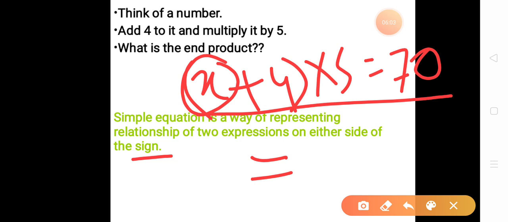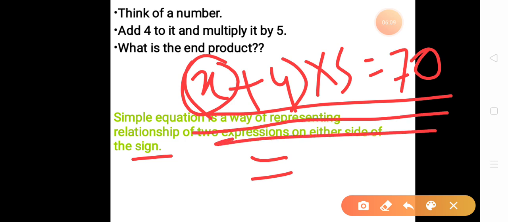And first of all, why are we considering this alphabet? Because unless and until we solve this expression, we don't know the value of x. For example, for this particular question, the x I have taken comes under the value of 1 to 10. But from 1 to 10, how many numbers are there? 1, 2, 3, 4, 5, 6, 7, 8, 9, 10. All total 10 numbers are there. Yes.